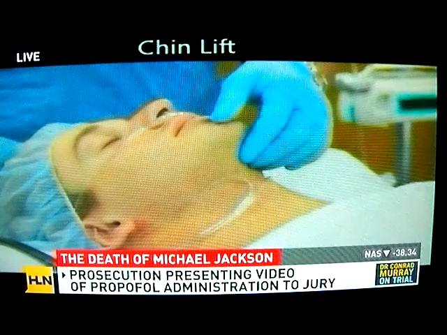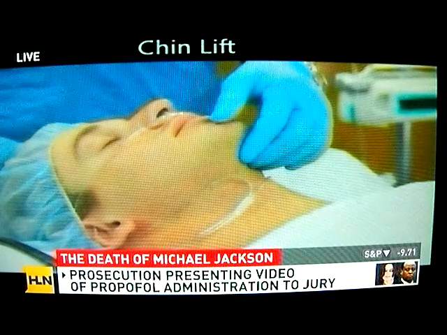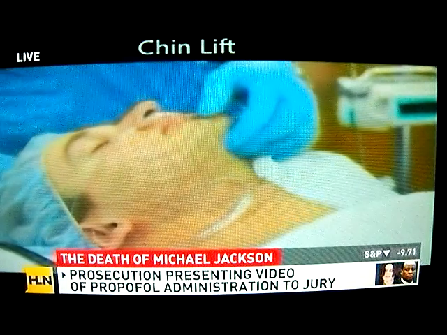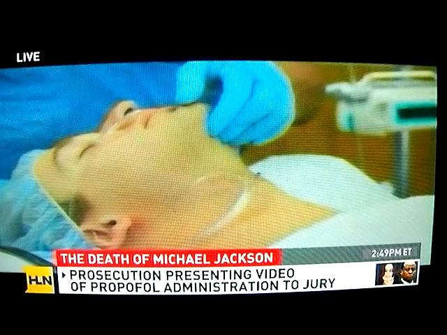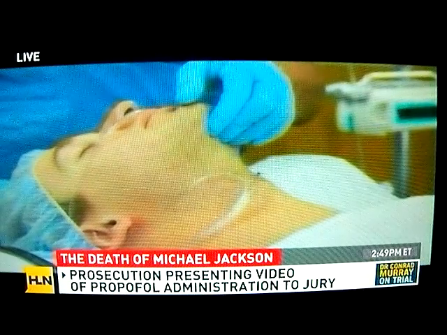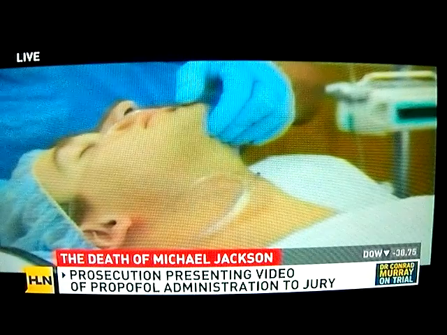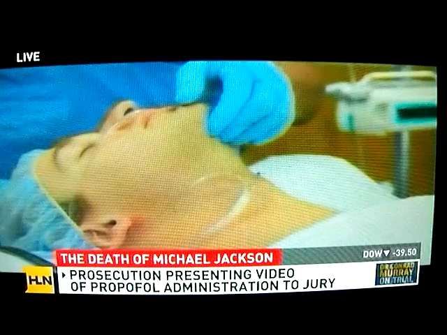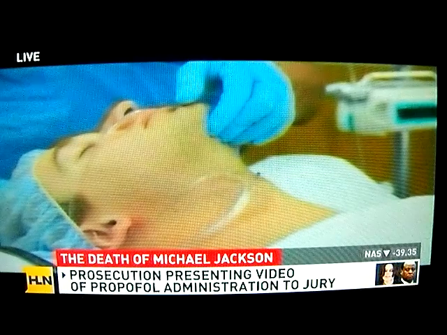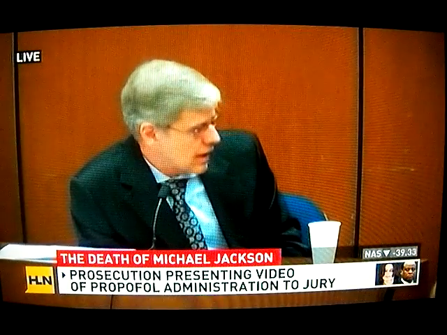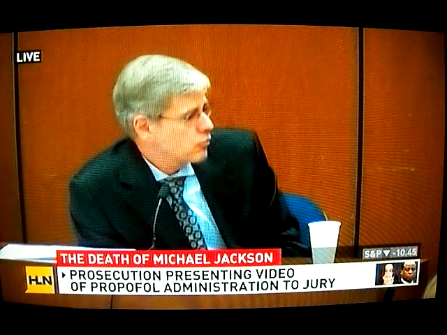So what happens here is something called chin lift. And then stop right there. If you pick the chin up and move it like this, so you just pick the chin up and move it forward with your thumb pulling out a little bit, that will almost always open the airway. Anesthesiologists do this routinely.